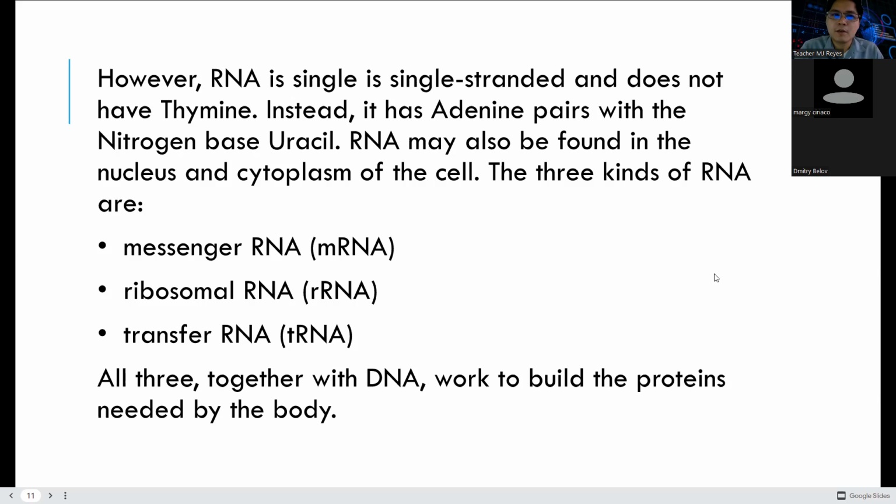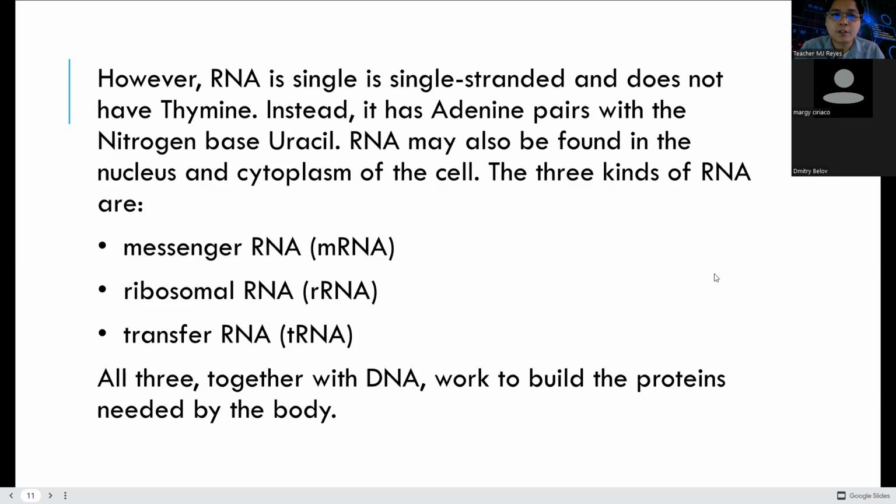Thymine. Instead, adenine is paired with uracil, or U.